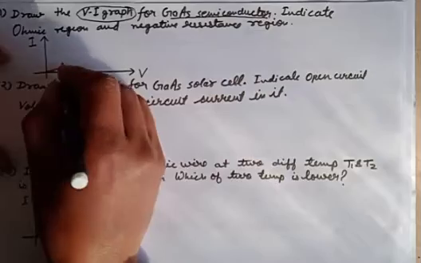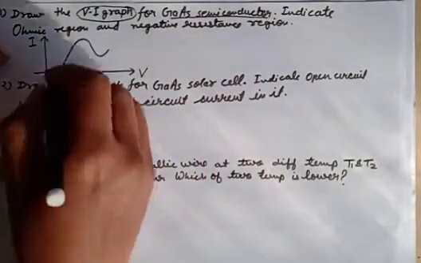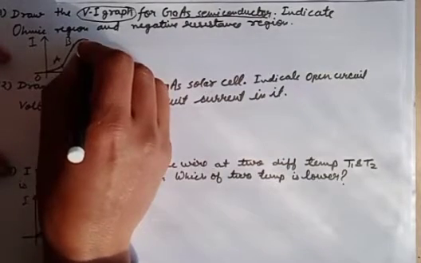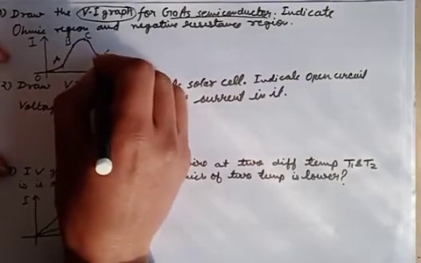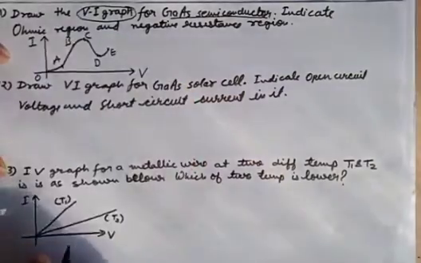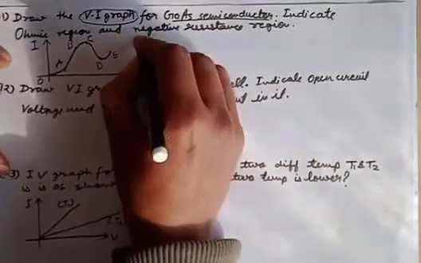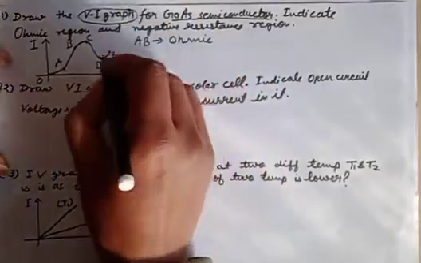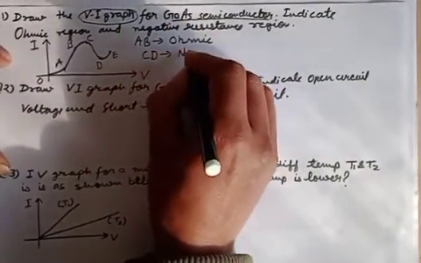So this graph goes like this. Here I'm dividing this graph into a few parts, A, B, C, D, and then E. So this AB is the ohmic region, and CD is the negative resistance region.